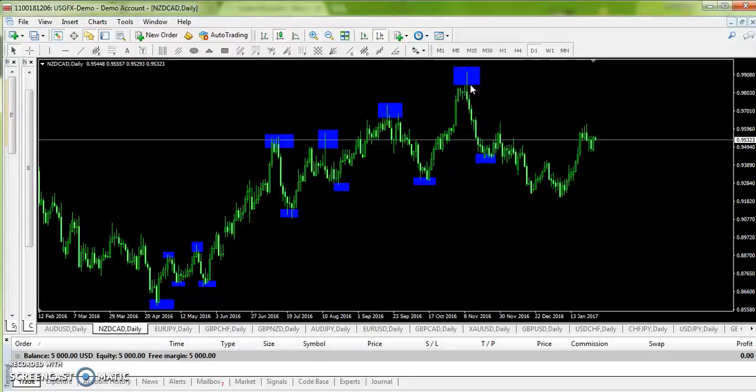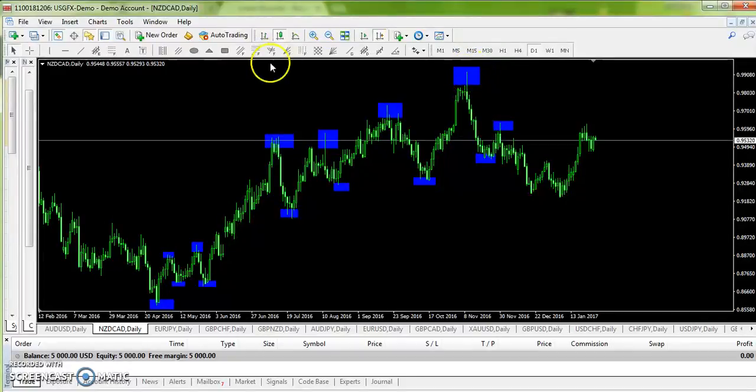Where was the previous swing low after this point? This has posted the swing low, higher low, right? After this higher low, the market has posted this lower high. This lower high didn't breach this high.